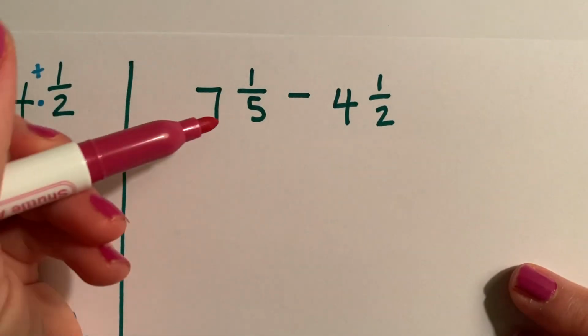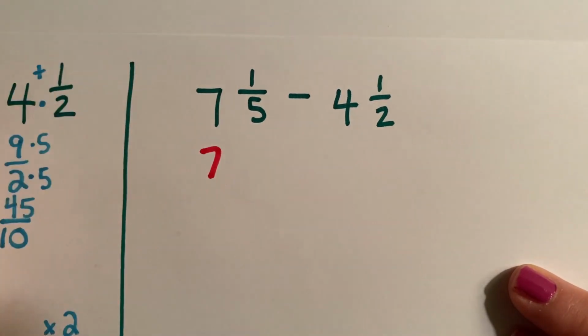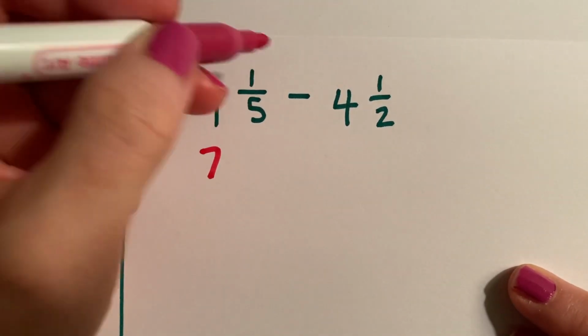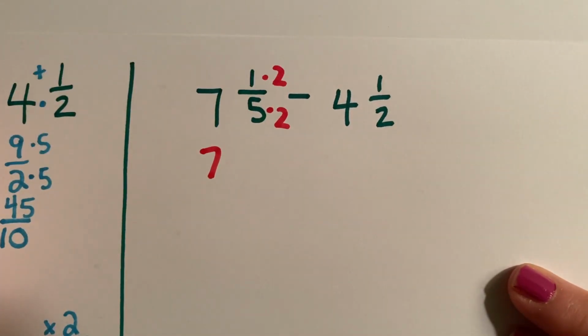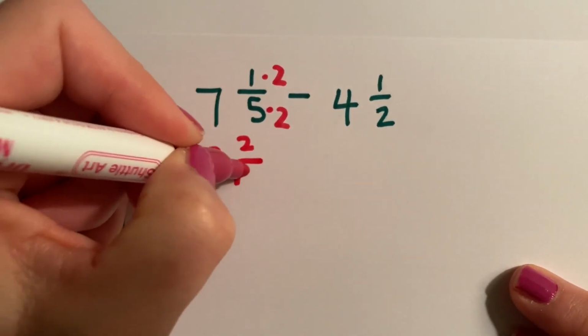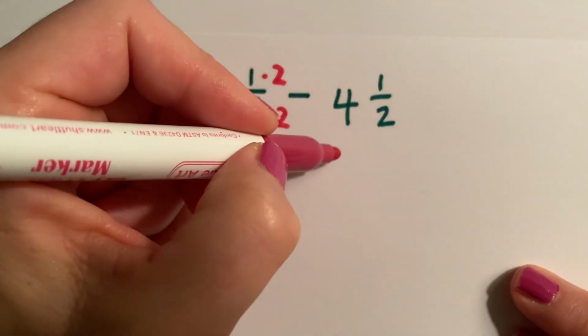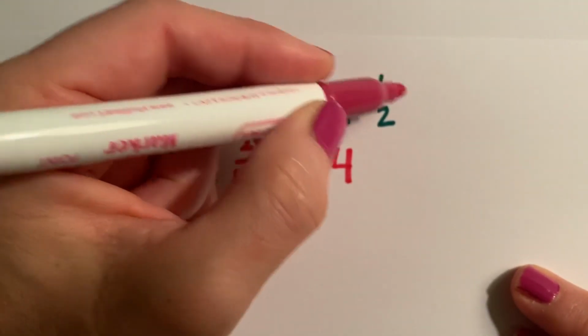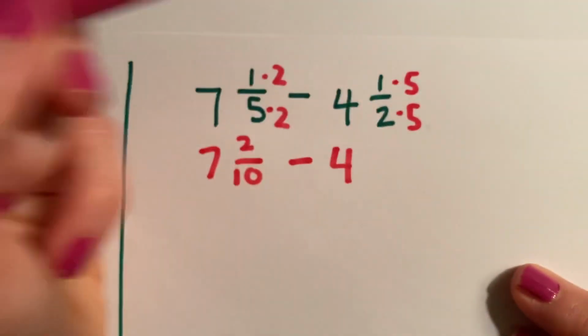What if we leave them mixed, leave our whole part here, leave this a 7, but change the 1/5 to tenths, 2/10, minus. Now 4 would come down, and let's grow this to tenths by multiplying by 5.